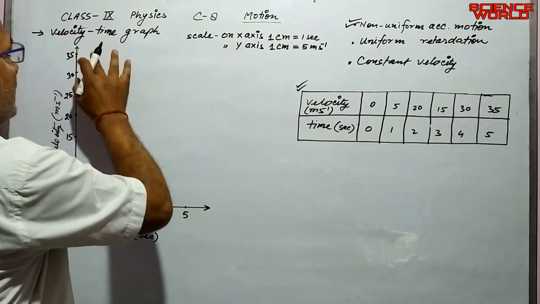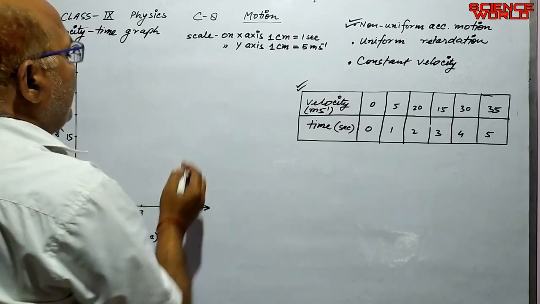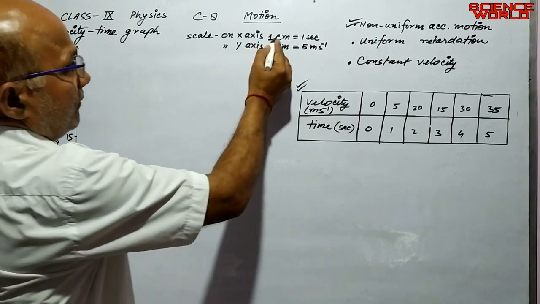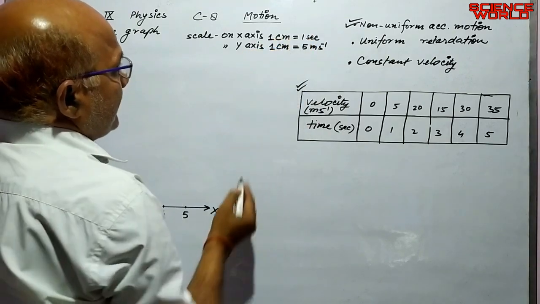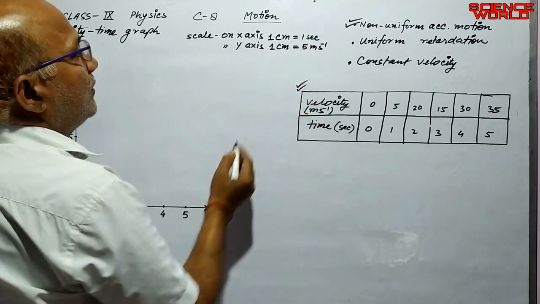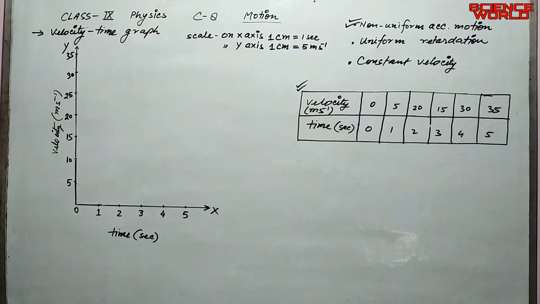To draw this graph, we will select a suitable scale. On x axis 1 centimeter equal to 1 second and on y axis 1 centimeter equal to 5 meter per second.